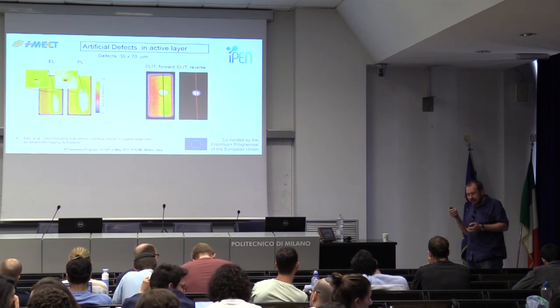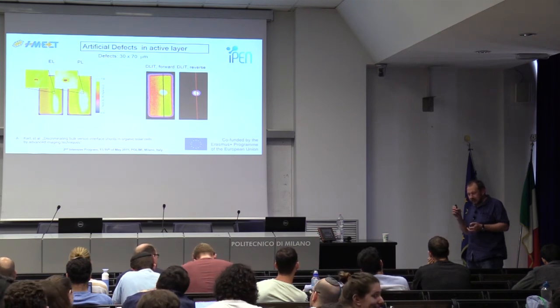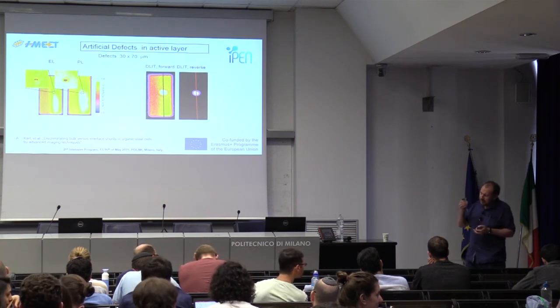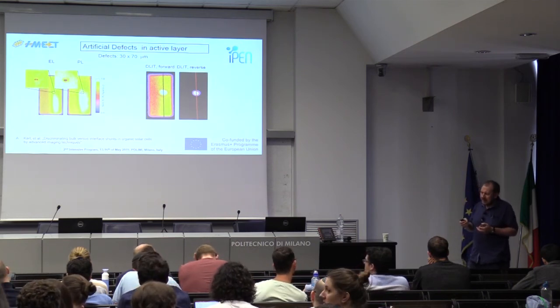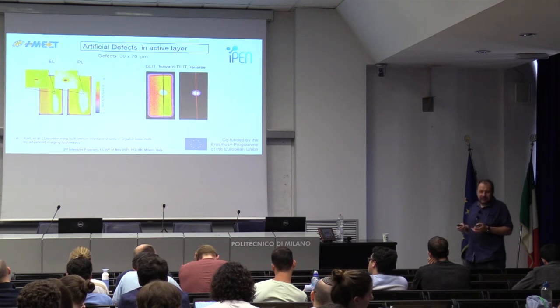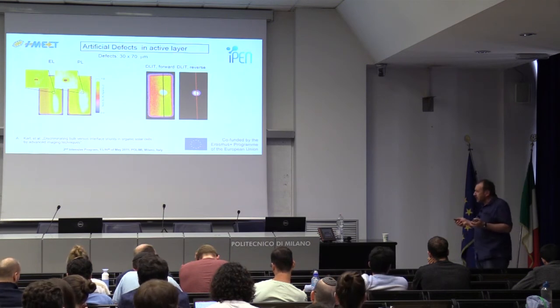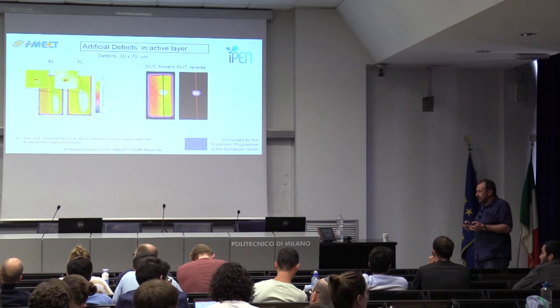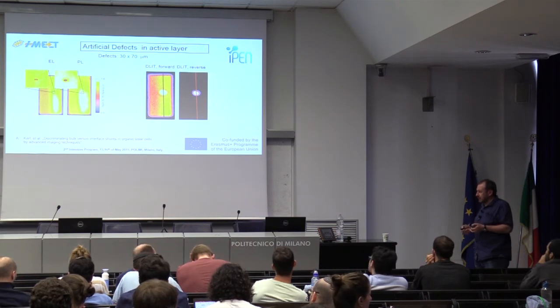The hole transport layer is very thin, absorbs the laser not so strongly, and the laser is absorbed by the active layer. So you are inevitably damaging the active layer as well. You have to find other methods to make defects in the hole transport layer.